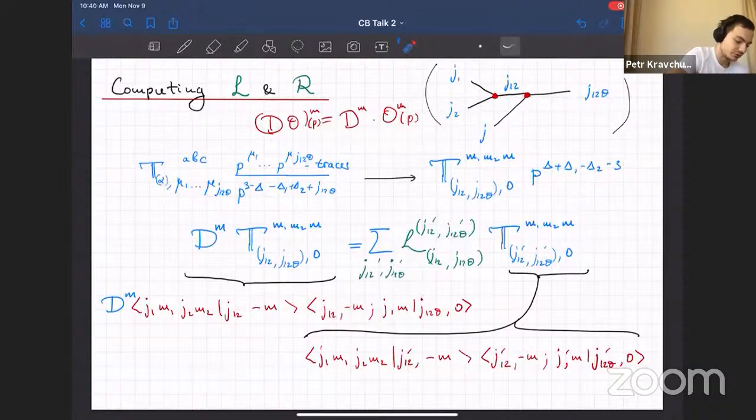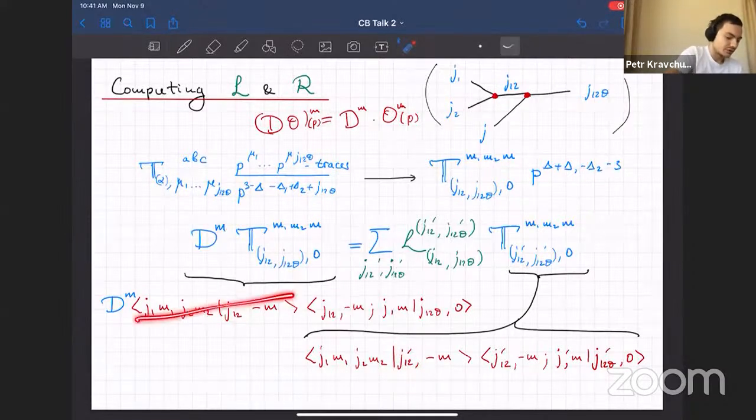For example, here you can see that J1 and M1 and M2 only enter into this Kravchuk coefficient and not into this one. So orthogonality relations tell you that J1, 2 prime should be the same as J1, 2.